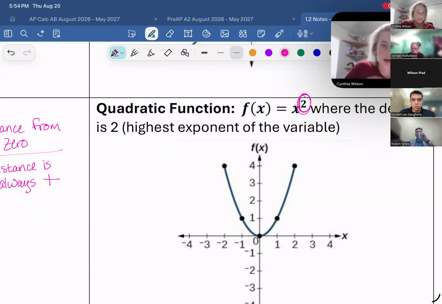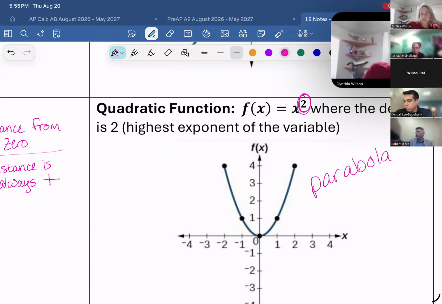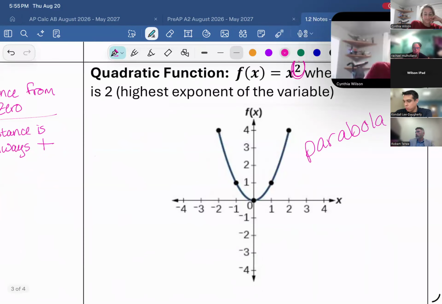So quadratic. Quad for 4. Okay, this type of graph is called a parabola. We'll hit that again in a later unit, but that graph is called a parabola.